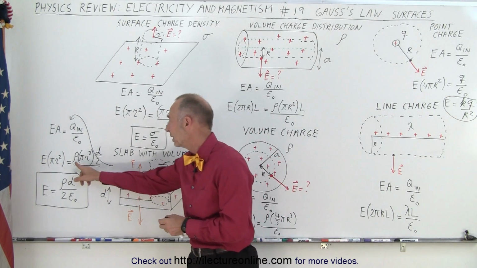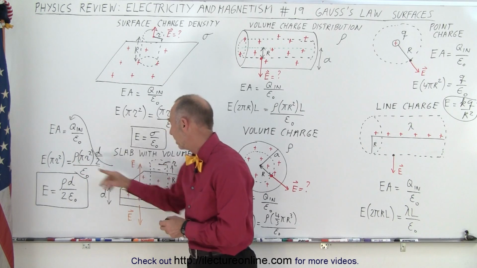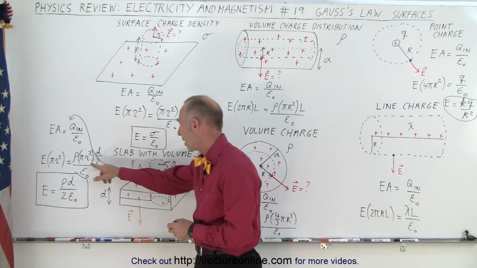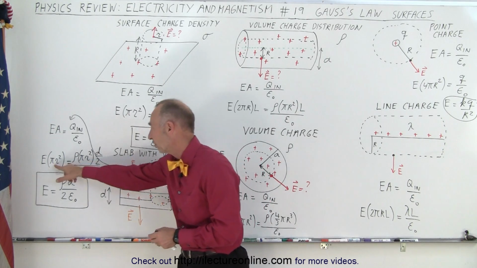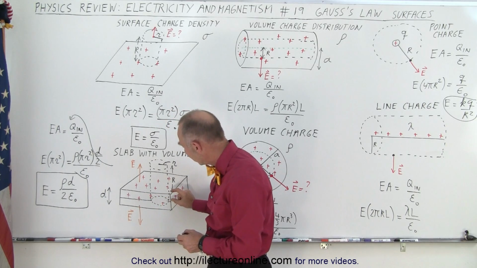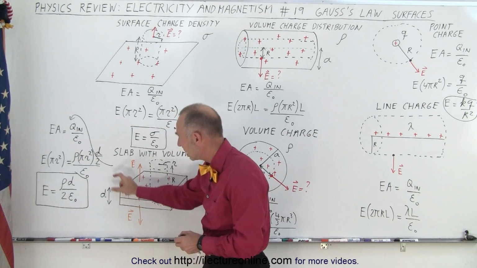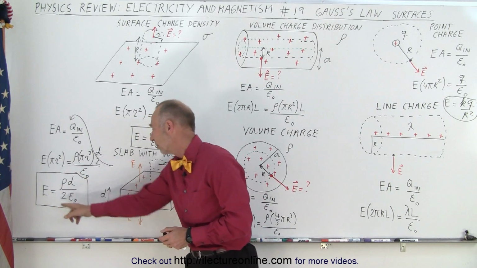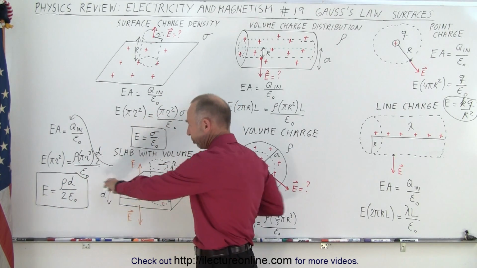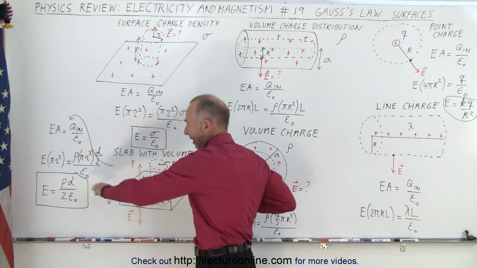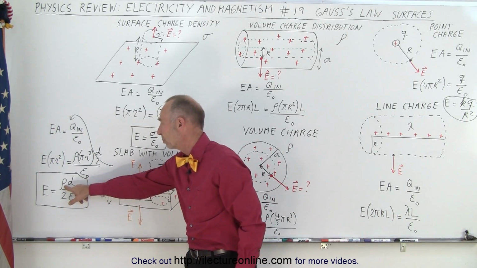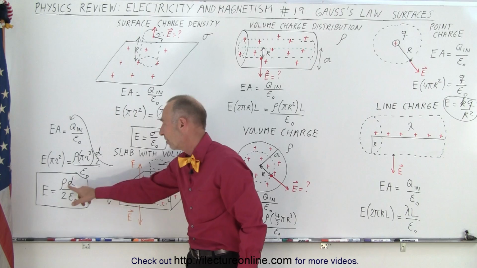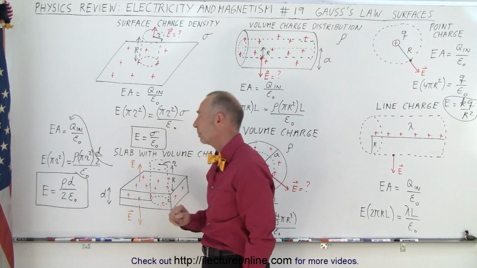So it's going to be the volume charge density times the area, which is pi r squared, the same pi r squared that cancels out, times the thickness of the half slab, which is half d, which is d over 2. And so then the electric field strength away from that presumably very large infinite slab is going to be the volume charge density times the thickness of the slab divided by 2, divided by epsilon sub naught.